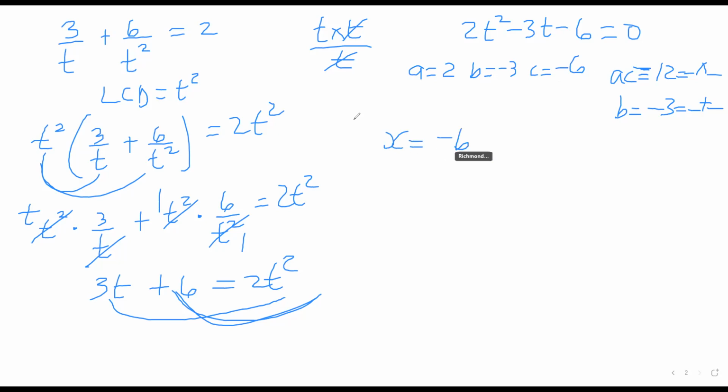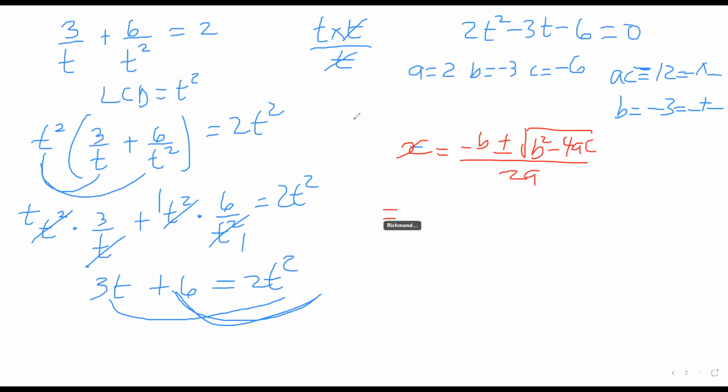I might as well use a red for this. x equals negative b plus or minus the square root of b squared minus 4ac, all over 2a.